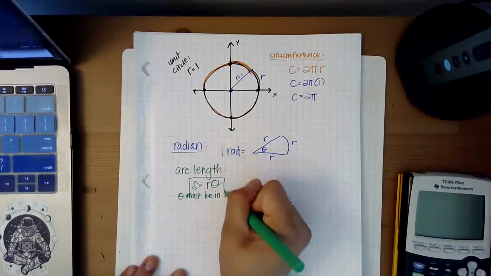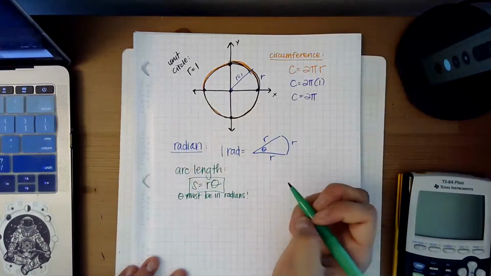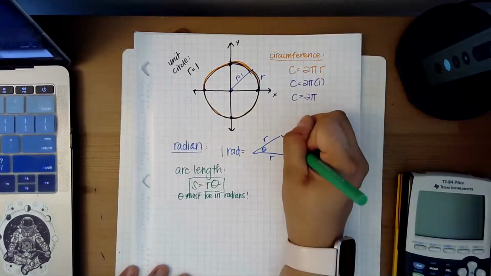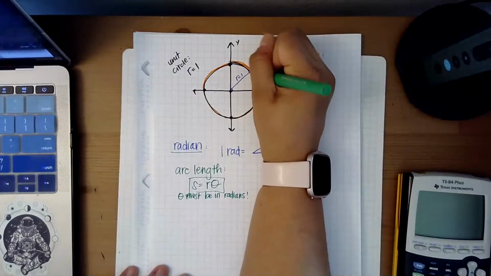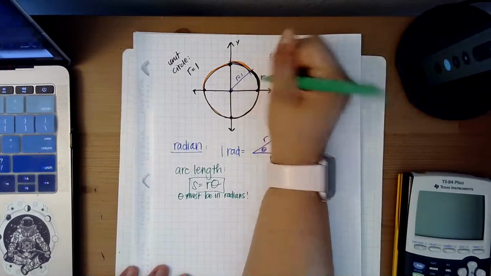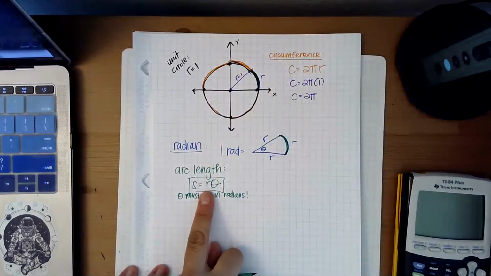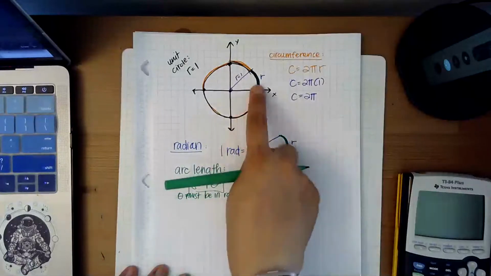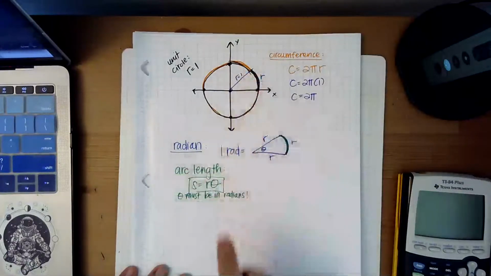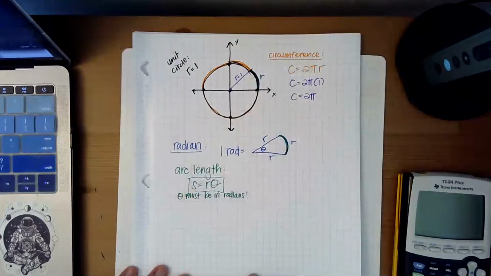Okay. So if I just want to figure out, in this slice here, what is this length here? I would use this formula, which would take theta in radians multiplied by my radius, and it would give me that measure of that distance of that crust. So that's what arc length is.